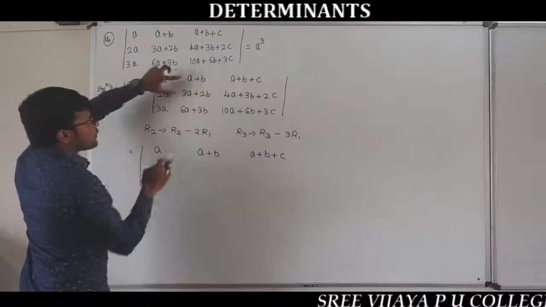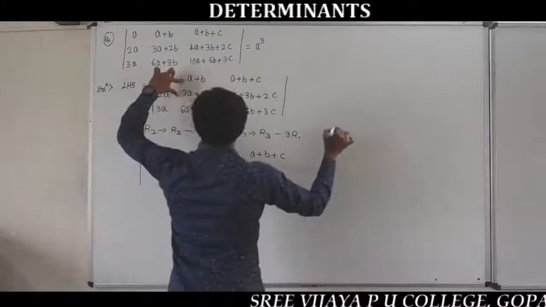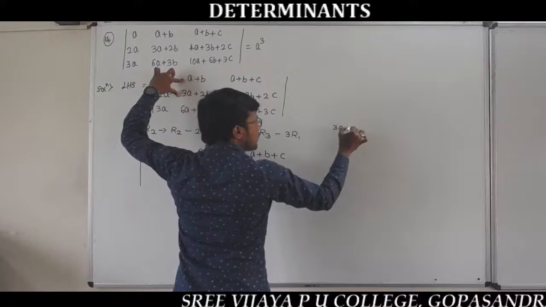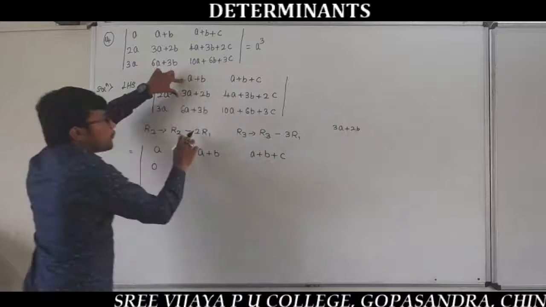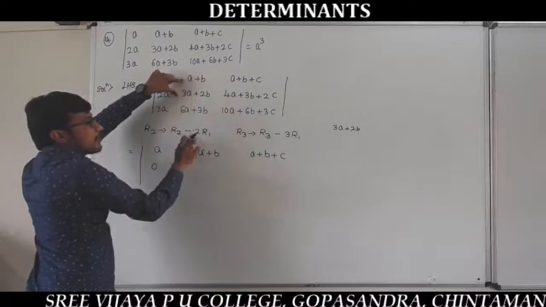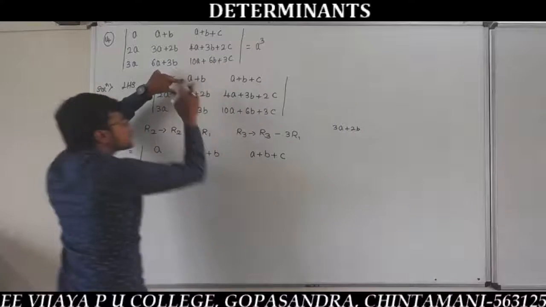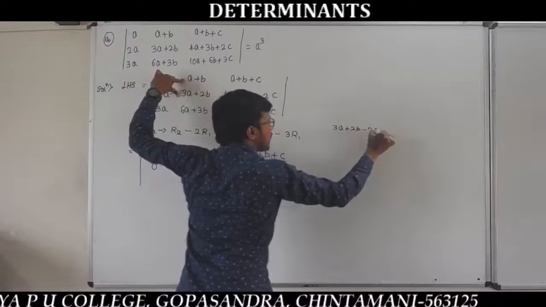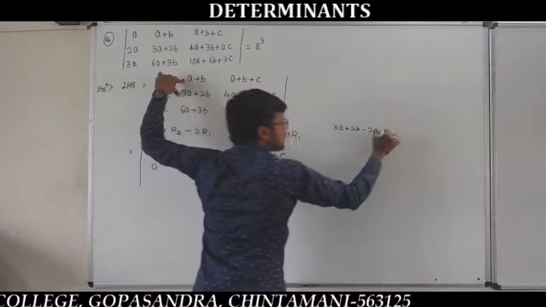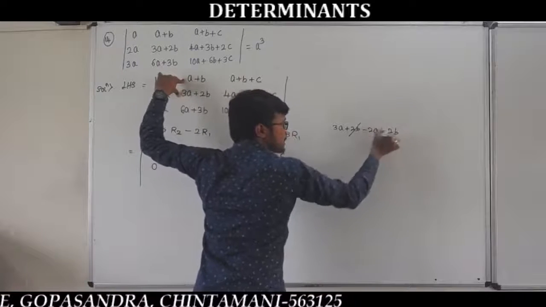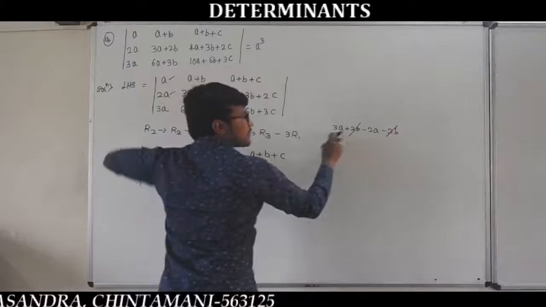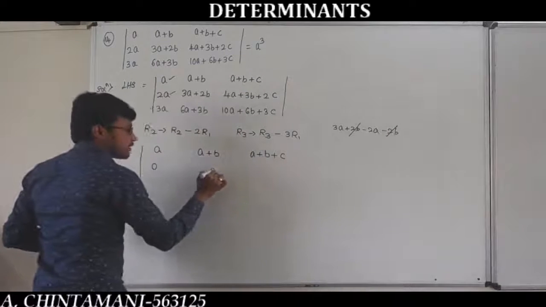Next, for these two elements, R2 is 3a plus 2b, minus 2 times R1: minus 2 into a is minus 2a, minus 2 into b is minus 2b. So plus 2b minus 2b gets cancelled, and 3a minus 2a you get a.